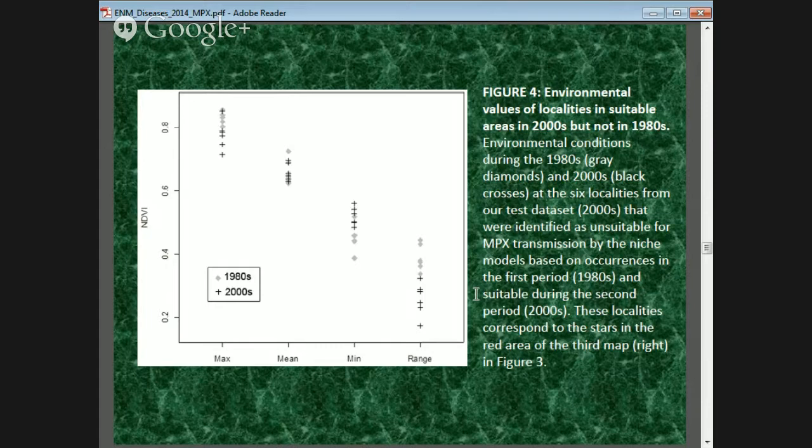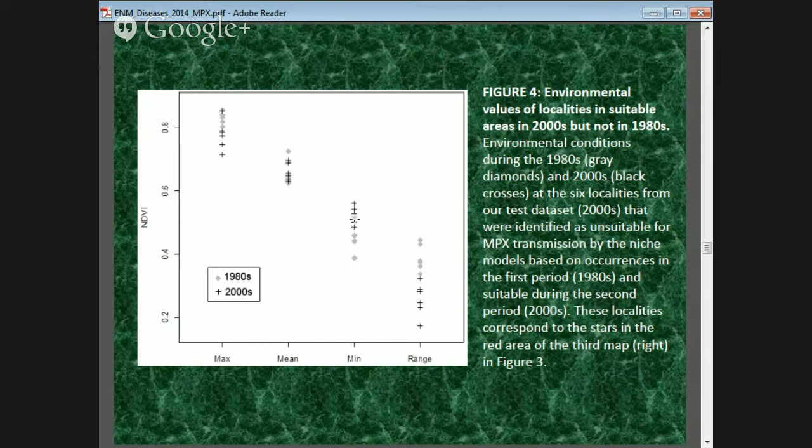So that gives us an idea that monkeypox, or the reservoir of monkeypox, needs environments that are fairly constant because of the low range values, but that they should not go below some value of NDVI.